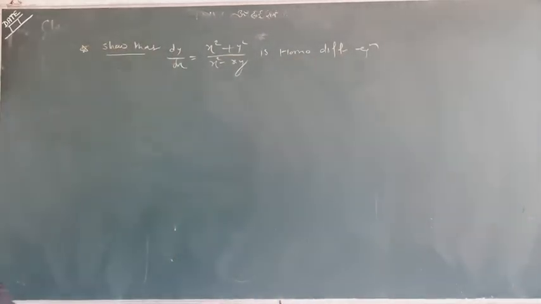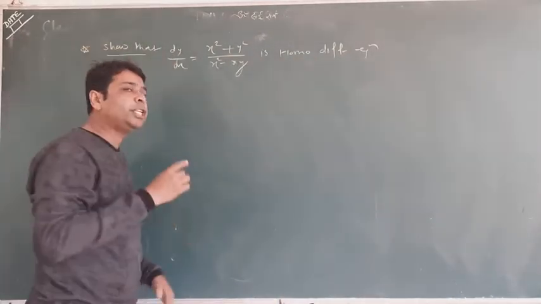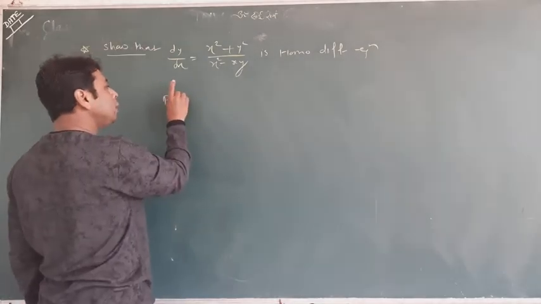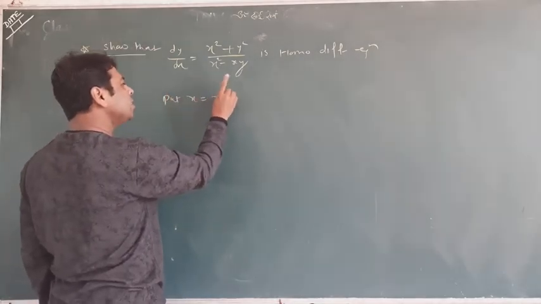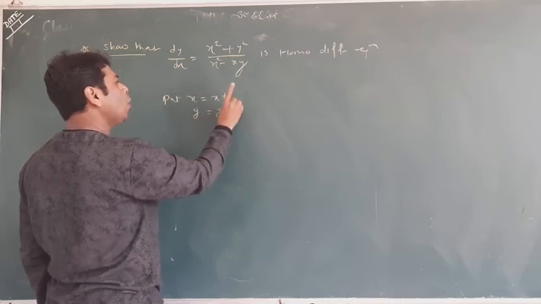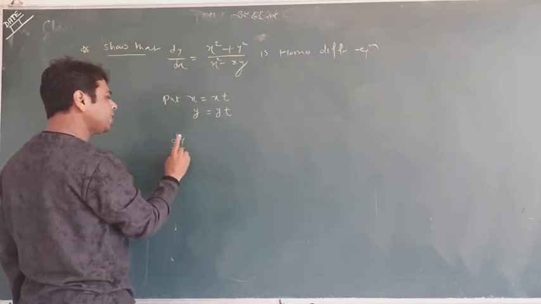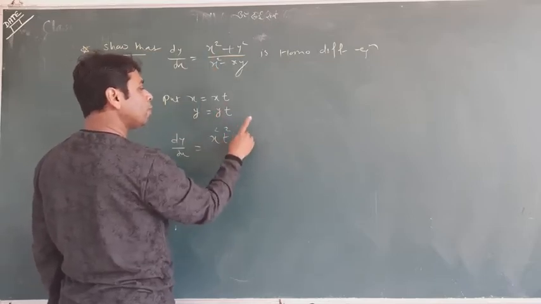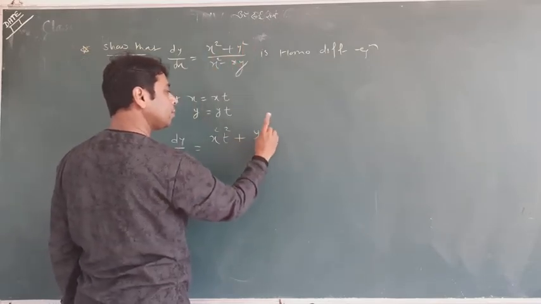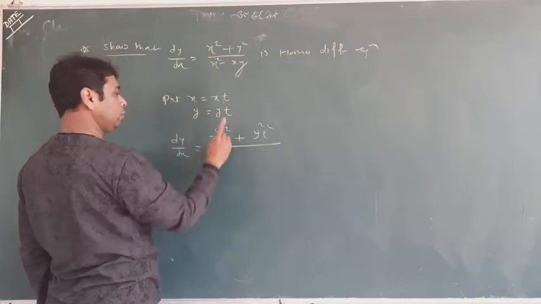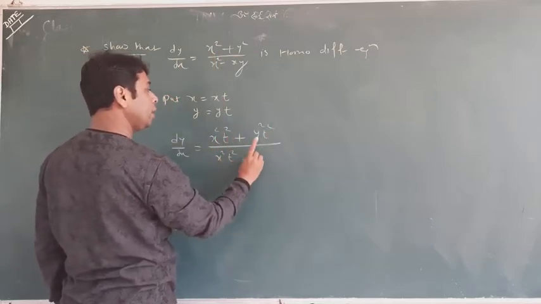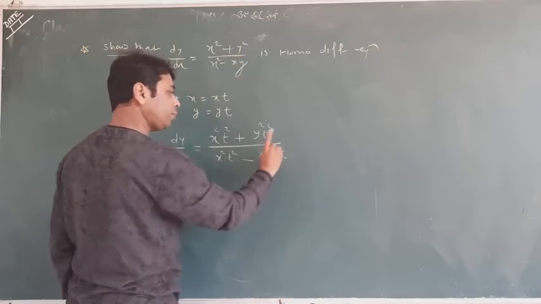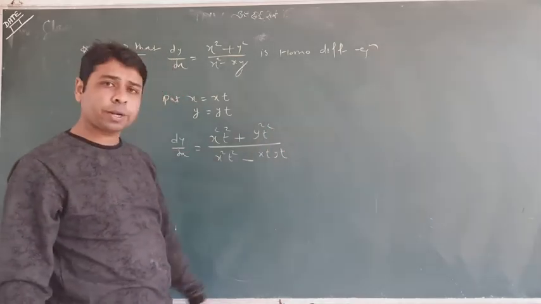But how can we check? Let me teach you how we can check. The checking method is that you put x equal to xt and y equal to yt. So dy by dx is equal to, with x equal to xt and y equal to yt, x square plus y square becomes t square times it.